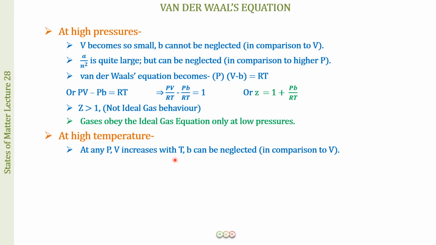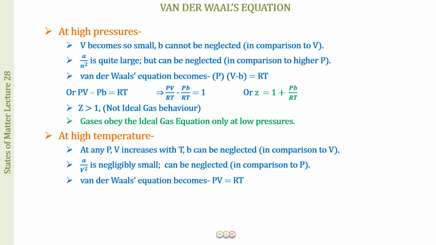Therefore the volume of the gas is going to be much greater than the volume of the gas molecules, and therefore we can neglect b in comparison to V. a by V square is going to be negligibly small, and this can again be neglected in comparison to P. And therefore the van der Waals equation will become PV equal to RT, or for n moles it will become PV equal to nRT.